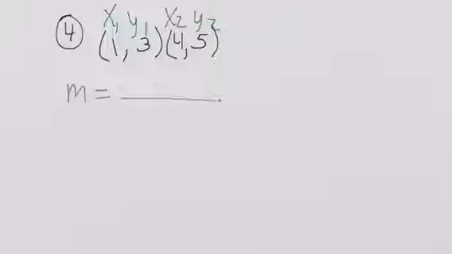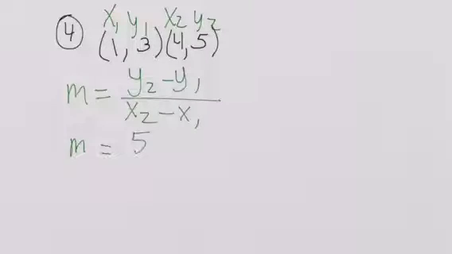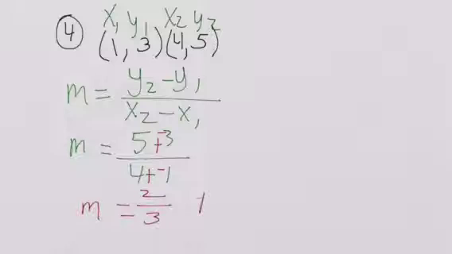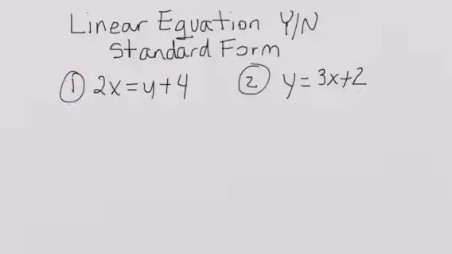Slope is equal to y2 minus y1 over x2 minus x1. So slope is equal to 5 minus 3 over 4 minus 1. Add a line, change the sign, add a line, change the sign. So slope is going to be equal to 2 over 3, which is a positive slope.